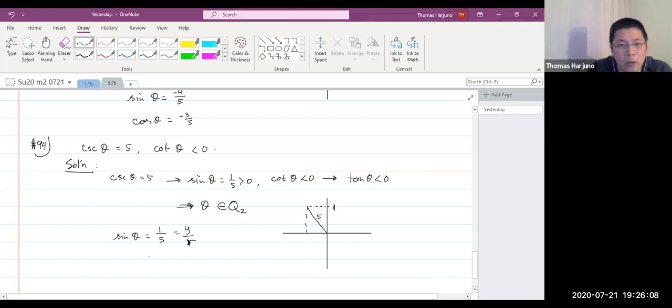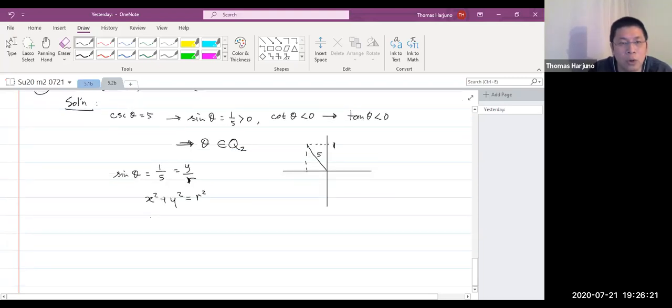Then use the Pythagorean Theorem. x squared plus y squared equals r squared. But don't forget, because it's in quadrant 2, the x later on will be negative. So x squared plus 1 squared equals 5 squared. Fast forward, x squared equals 24. x equals plus or minus the square root of 24.